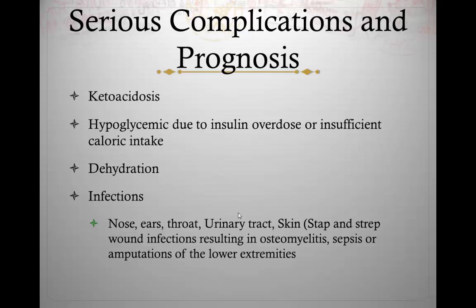Because the high glucose levels will bring out water, you get dehydration and all the signs and symptoms of dehydration that we already discussed. Many opportunistic infections, in addition, gram-negative anaerobic infections associated with sinusitis, otitis, urinary tract infections, including glomerulonephritis, and osteomyelitis and sepsis.